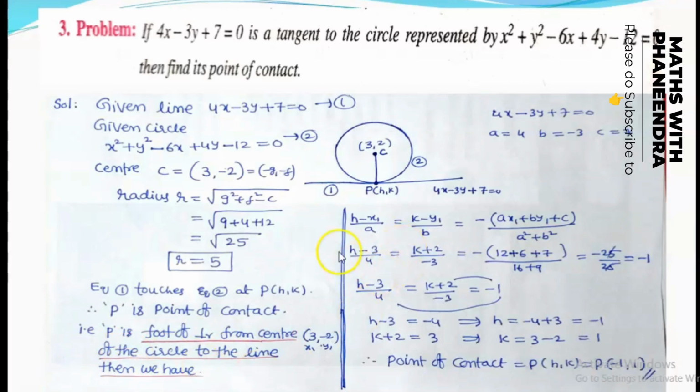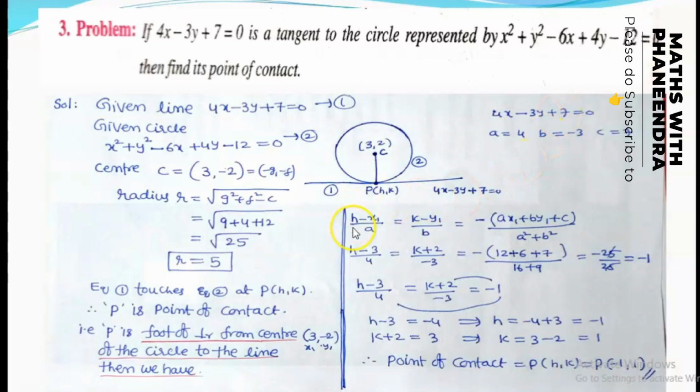Then we write the formula: h minus x1 by a equal to k minus y1 by b equal to minus of ax1 plus by1 plus c by a square plus b square. The given line 4x minus 3y plus 7 equal to 0 compared with ax plus by plus c equal to 0 gives a equal to 4, b equal to minus 3 and c equal to 7.